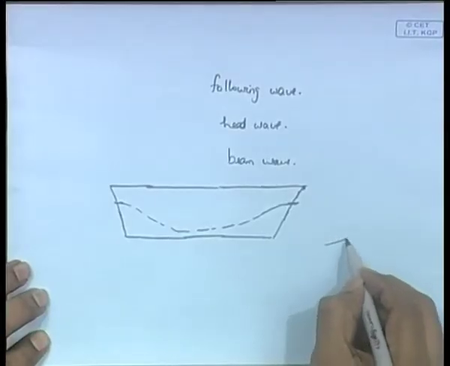But when you go towards the front of the ship and the back of the ship as well, you will see that it goes up like this. In general, everywhere it goes up in this fashion.